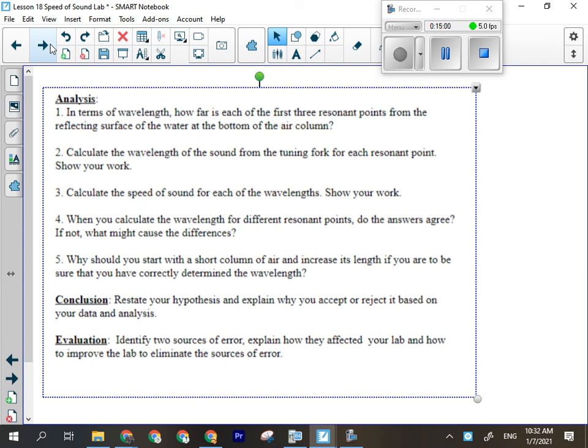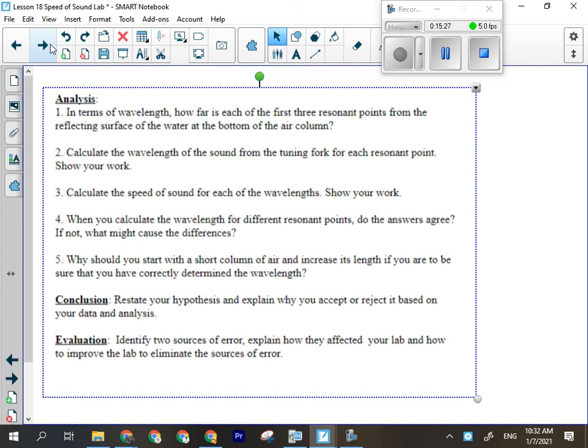Okay, when you calculate the wavelength for the different points, so this is question number 4, do the answers agree? If not, what might cause the differences? Okay, so when we do those calculations, obviously we should get pretty close to the same wavelength. Okay, we know that because we've done it before. Sometimes we're out a little bit. So this is kind of preparing you to do your evaluation sources of error part.